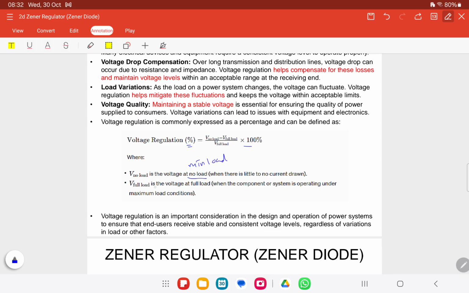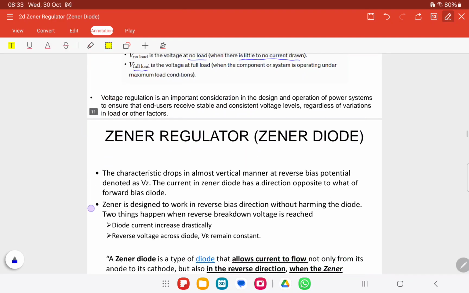The smallest value. Full load is the maximum value. Okay, when there is little to no current run, ataupun dia tak adalah equals to 0, dia approximate to 0. Okay, meaning that the load tu adalah terlalu kecil, dia punya R. Okay, minimum ataupun the smallest value.